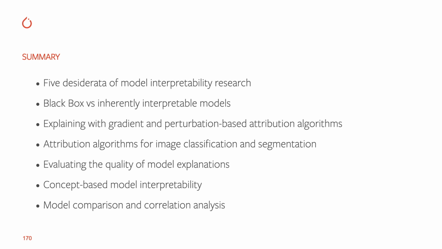Next, we discussed the evaluation of model interpretations and explanations, concept-based model interpretability, and TCAV as a specific algorithm from the concept-based model interpretability family. Lastly, we discussed different types of correlation analysis techniques and model comparison similarity metrics that can help us to visualize and compare different layers of our models.